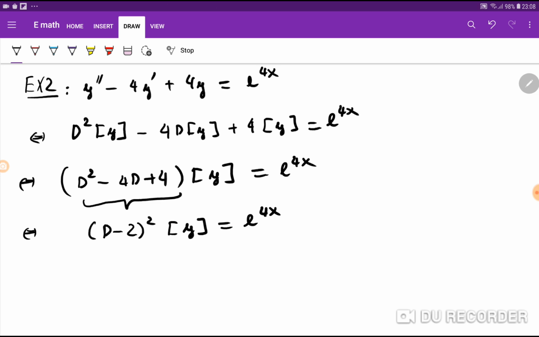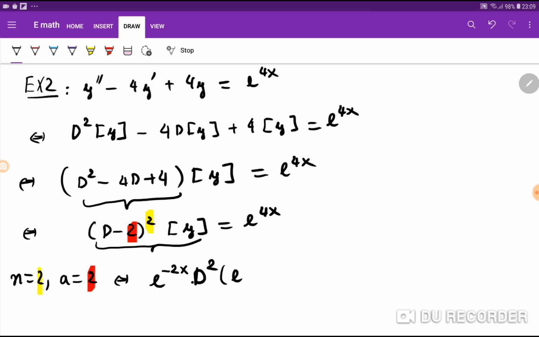Okay, now we're gonna use a very powerful formula. n equals 2, this is n, and a equals 2. What do we have? I'm gonna turn all of this into e to the power of negative 2x times d square, oh shoot, sorry.